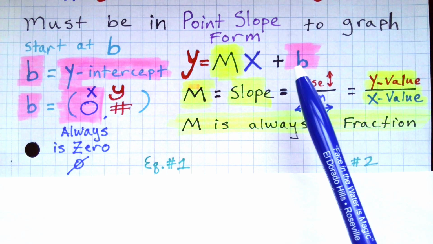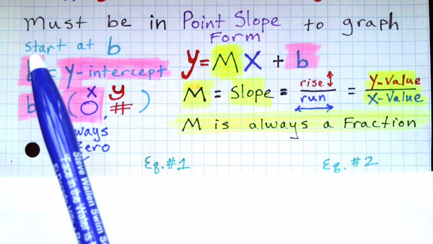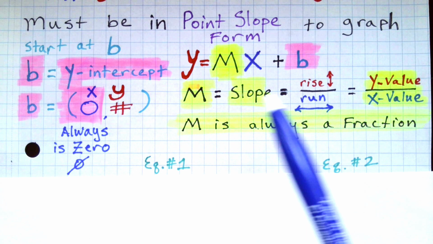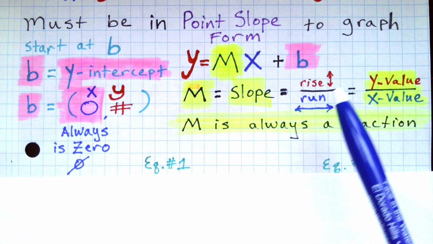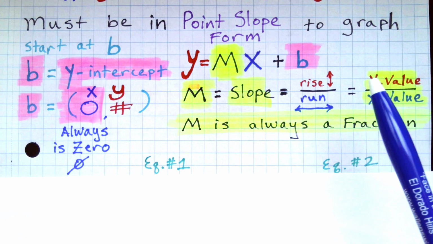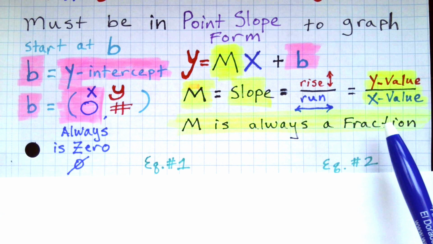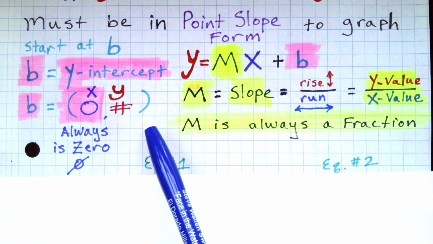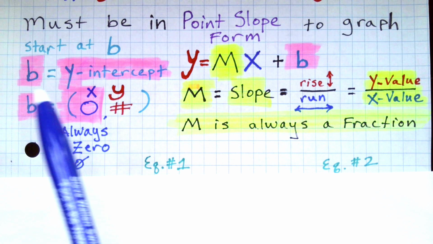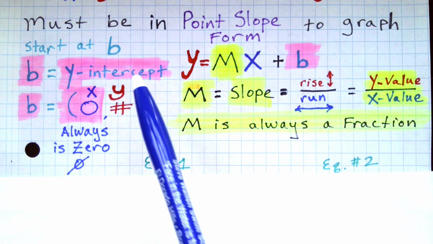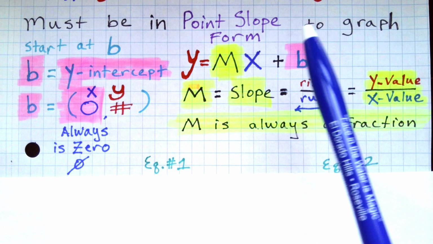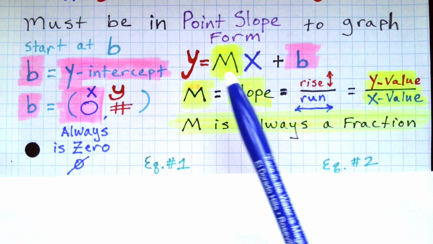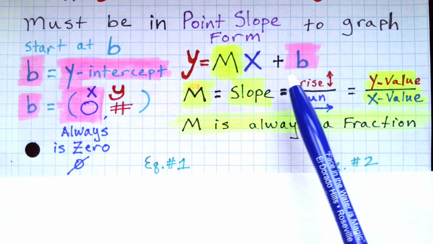Now your b value, I have it highlighted here, that's where we start when we're graphing. We start at our b value, and then we follow the slope. We'll rise and run based upon the values of our y and x fraction. Don't worry if that doesn't make sense. I'm going to show you a bunch of times in these system of equation videos. So the b is your y-intercept. X will stay x, y will stay y in your equations, but this b will be a real number.